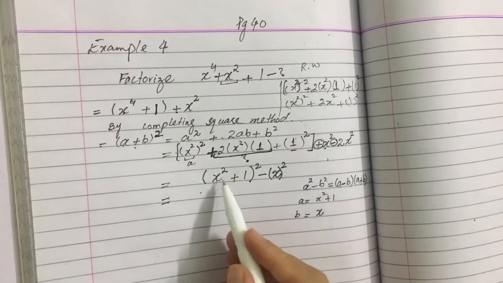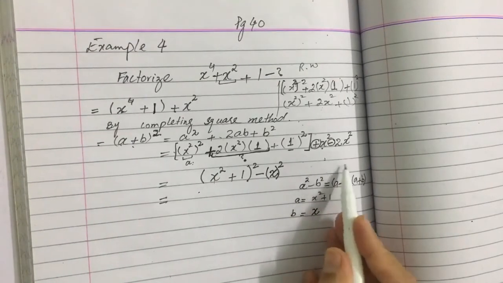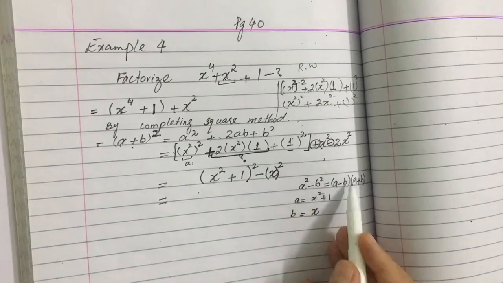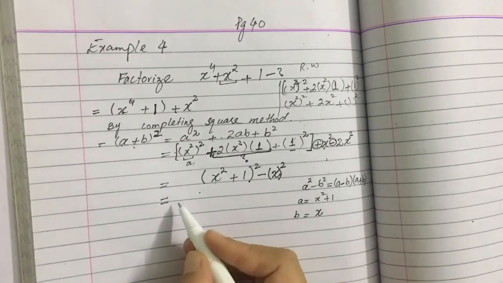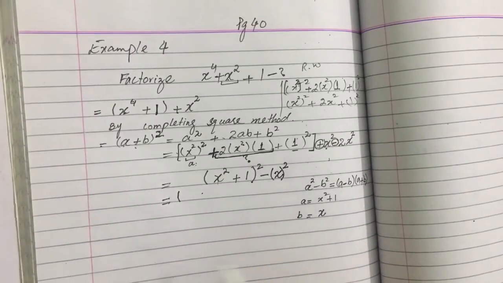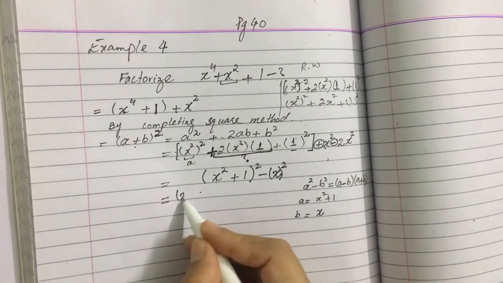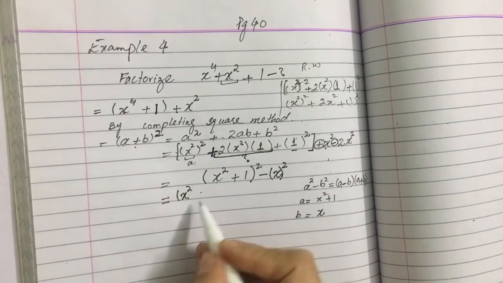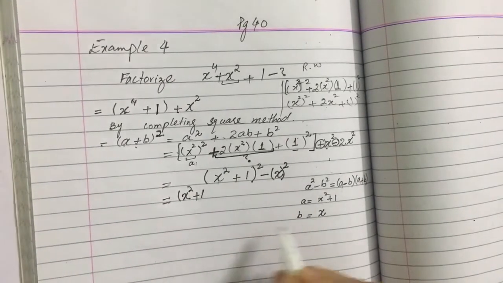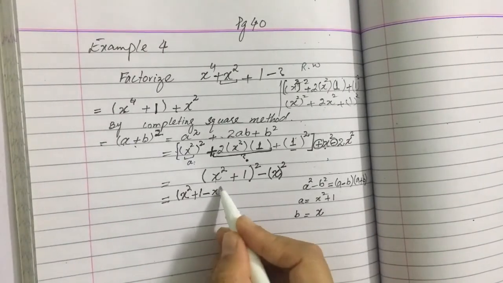Okay, now this form is a square minus b square form. I have to open it, I have to factorize it, a plus b into a minus b form, where now we will use value of a and b. Value of a is x square plus 1, minus from formula, value of b is x.